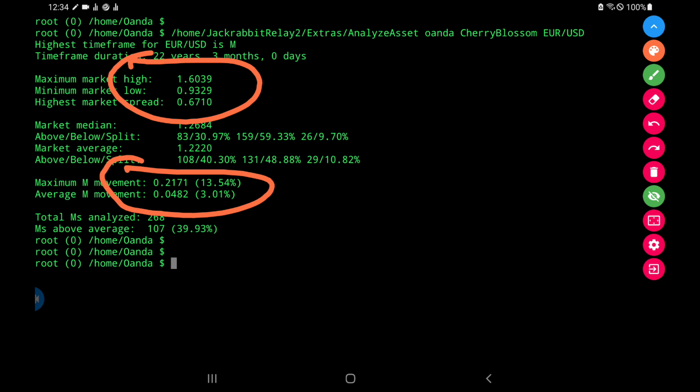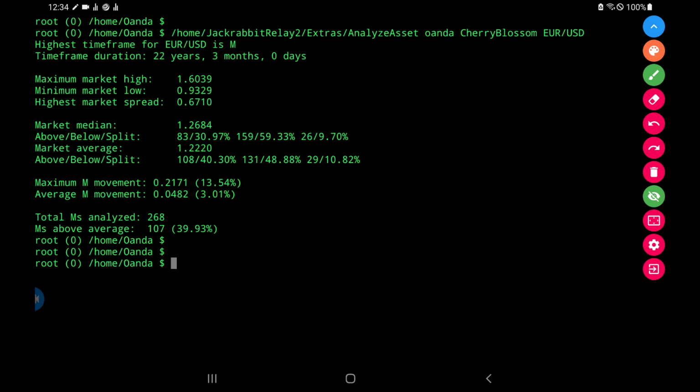But the big number, the one that gives you a reasonable level of expectation, is the average monthly movement. On average, throughout the entire 22-year period of this market, it has moved 482 pips, or roughly 3.01% of its volume.